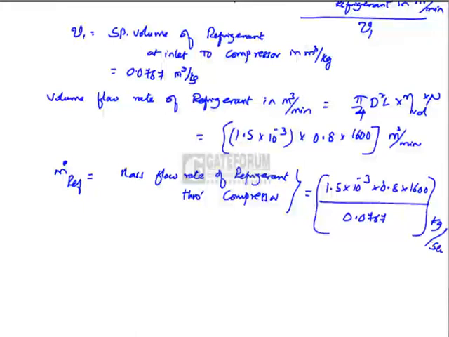I'm sorry, kg per minute. Please correction, because volume flow rate is in meter cube per minute. Mass flow rate in kg per minute. That is the answer we got.